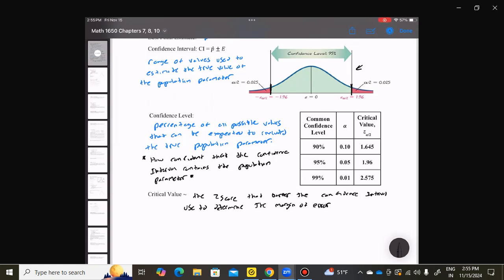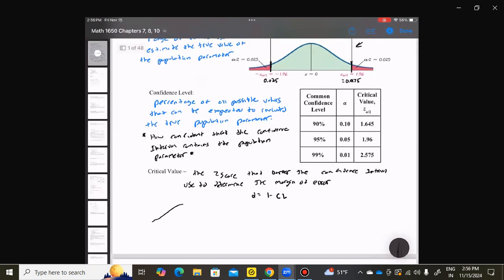And the way it's found is it takes alpha, which is 1 minus the confidence level, and divides it by 2. So for 95%, you're dividing that 5% by 2, and you look at finding the z-score when the area equals 0.975 and 0.025. For 90%, you divide the 10% by 2, and you have 5% on both sides.